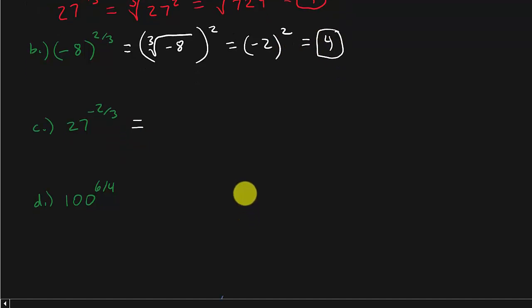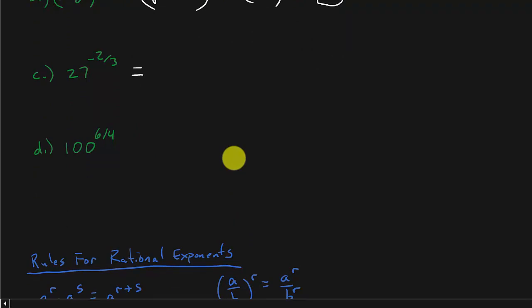All right, so what about this one? Well, let's look at this one. We've got a negative exponent. The section before this one is about exponents, and in that section it tells us how to make exponents positive.